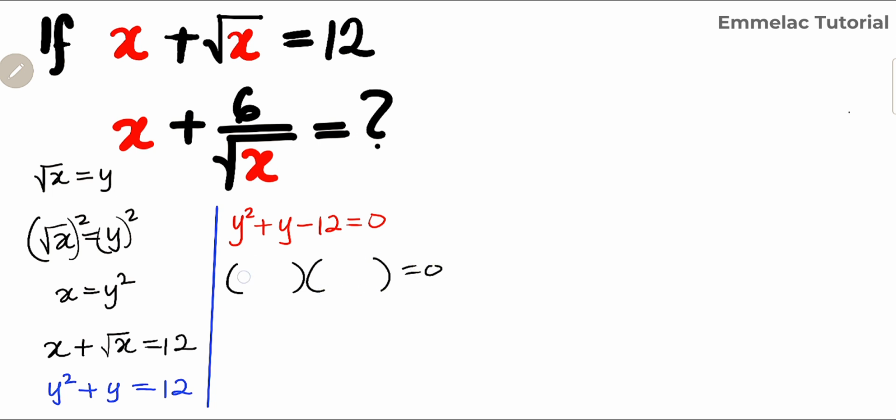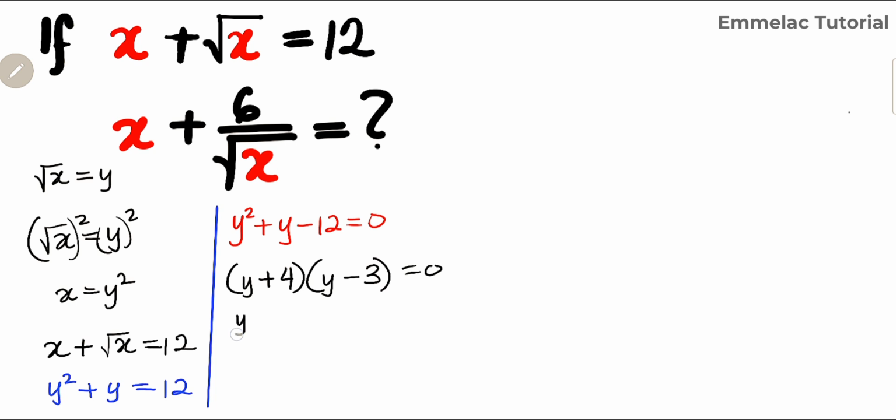Since the variable here is y, you put y here and y here. Since we have plus, we have minus. Since the sum here has a positive value, the higher number of the two factors will be positive. So here you have 4 and here you have 3. At this point we have two terms which multiply to give us 0.